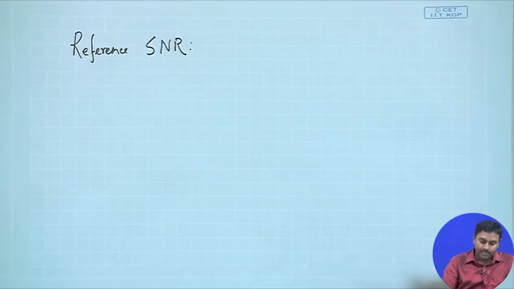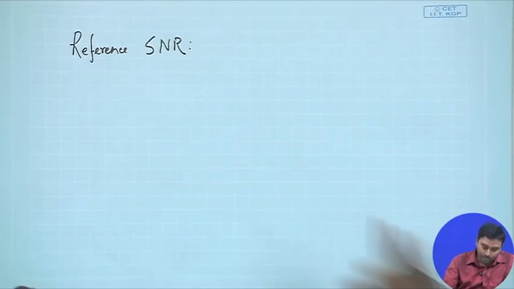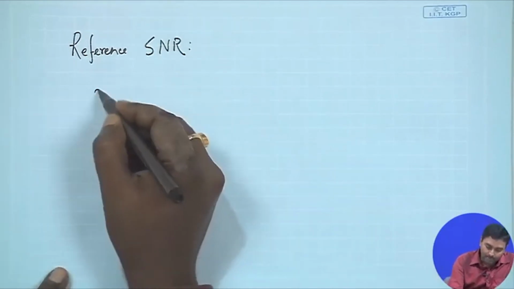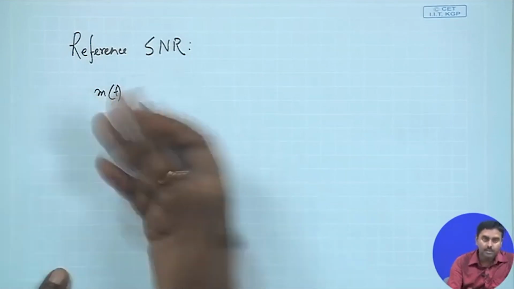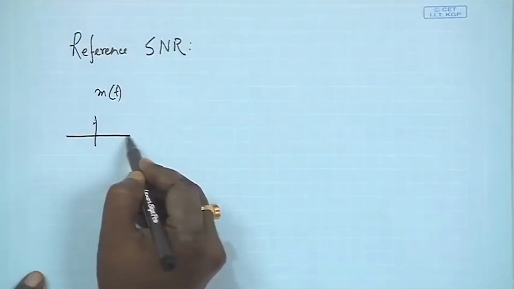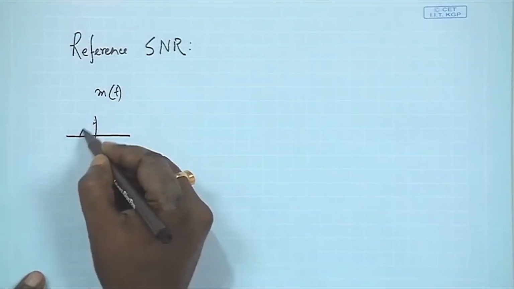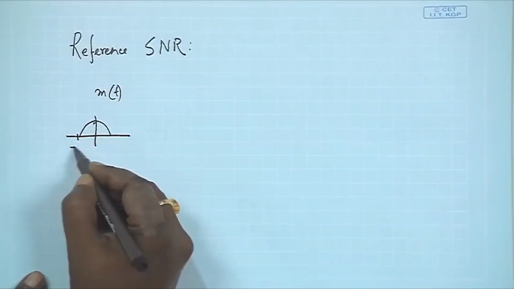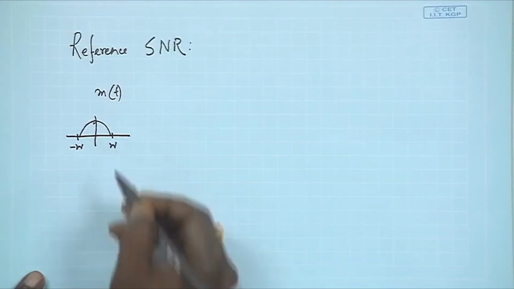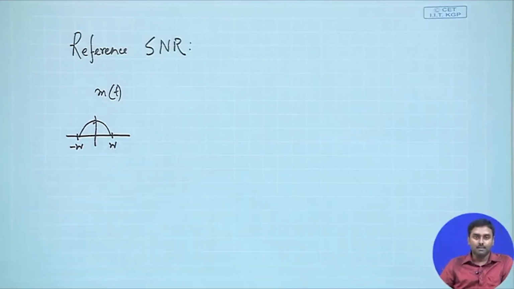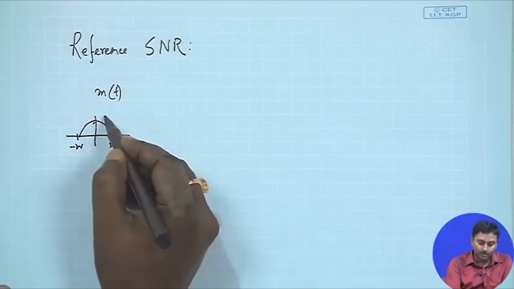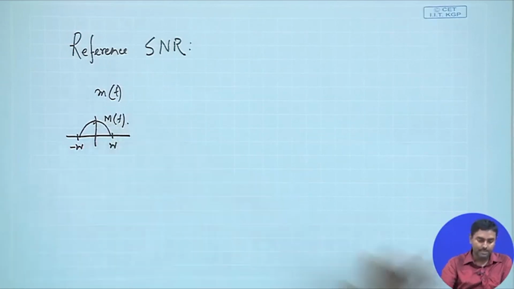How would we like to compute that reference signal to noise ratio? Suppose I have a message signal m(t) which might be a voice signal, and of course, it is a band limited signal. So, it goes from minus W to plus W. That is the frequency response of that message signal.